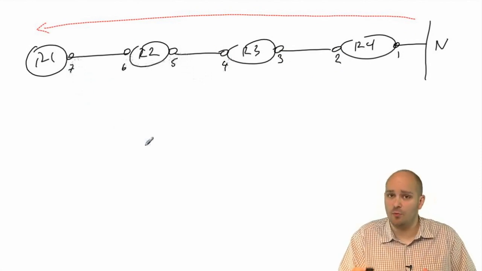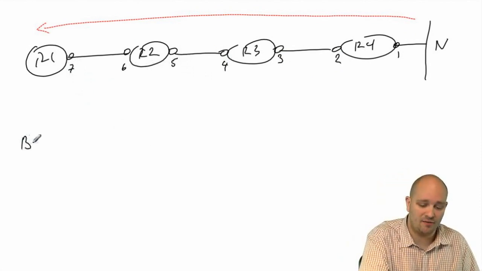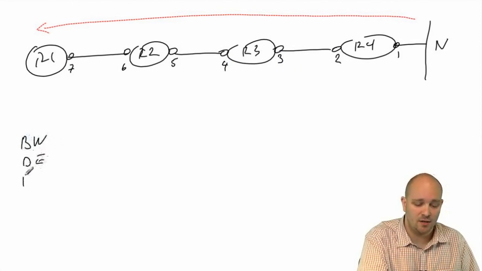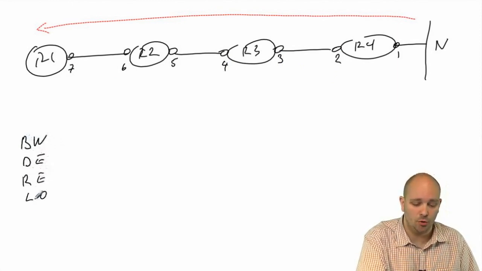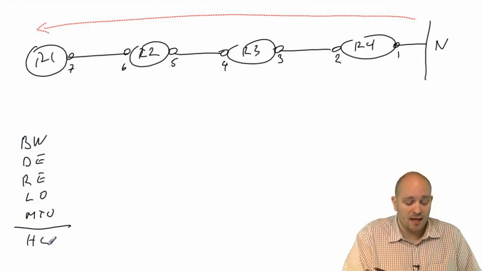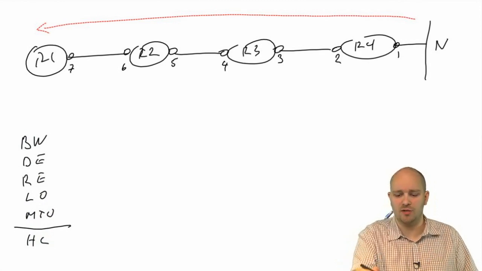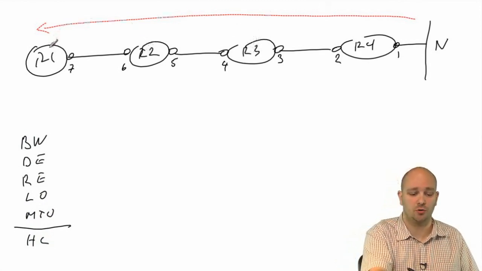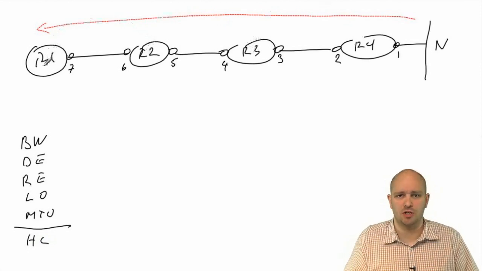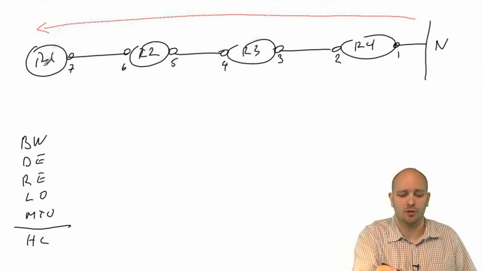Now, each and every one of these interfaces will have associated value of bandwidth, associated value of delay, reliability, load, and MTU. Now, hop count is not associated with any interface in particular. It's simply going to be increasing from R4 to R3 to R2 to R1. So that information is simple enough to understand.